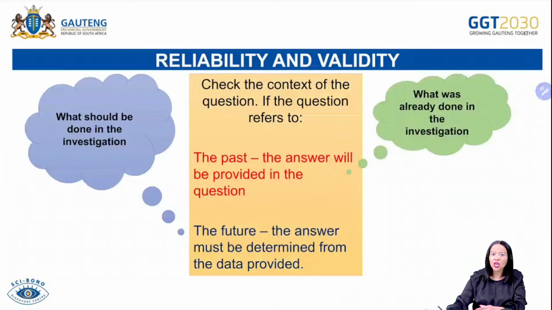If they used 20 participants, then that simply means they need to use more than 20 participants to increase the reliability of the results. So you always refer back to the method to check what it is that the investigator did, depending on the phrasing of the question.